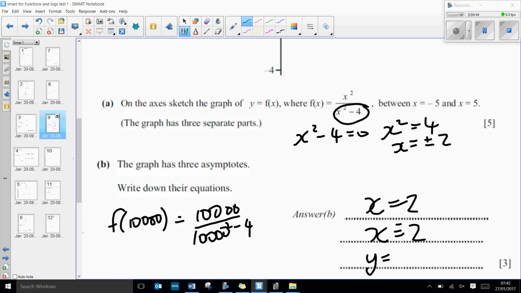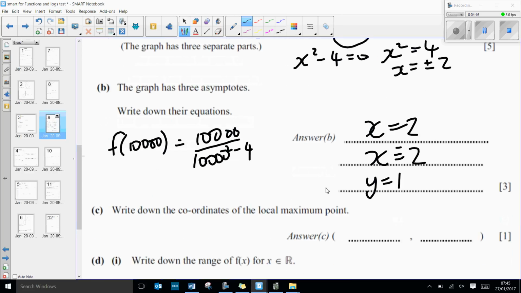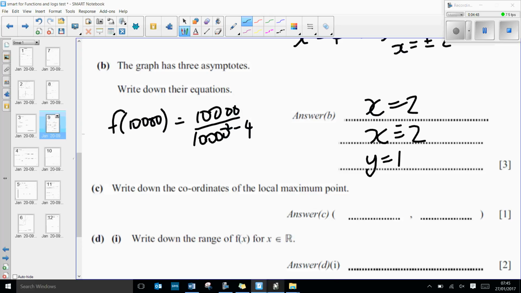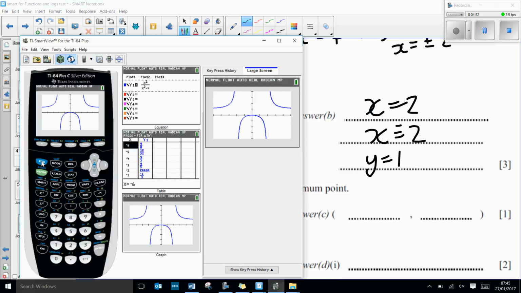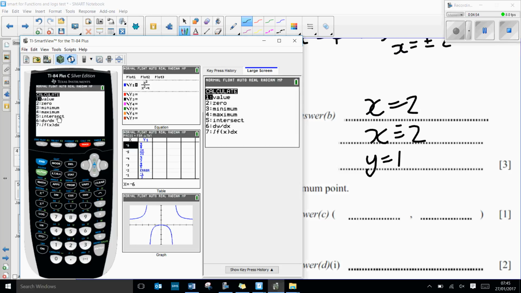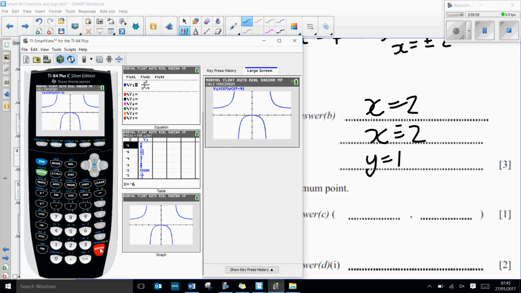Write down the coordinates of the local maximum point. Okay, so we can go back to the graph. Second calc, and we're calculating the maximum point, so it's number 4. Now, hopefully you can see this is the maximum point. We know that that's what maximums look like. Second calc maximum.